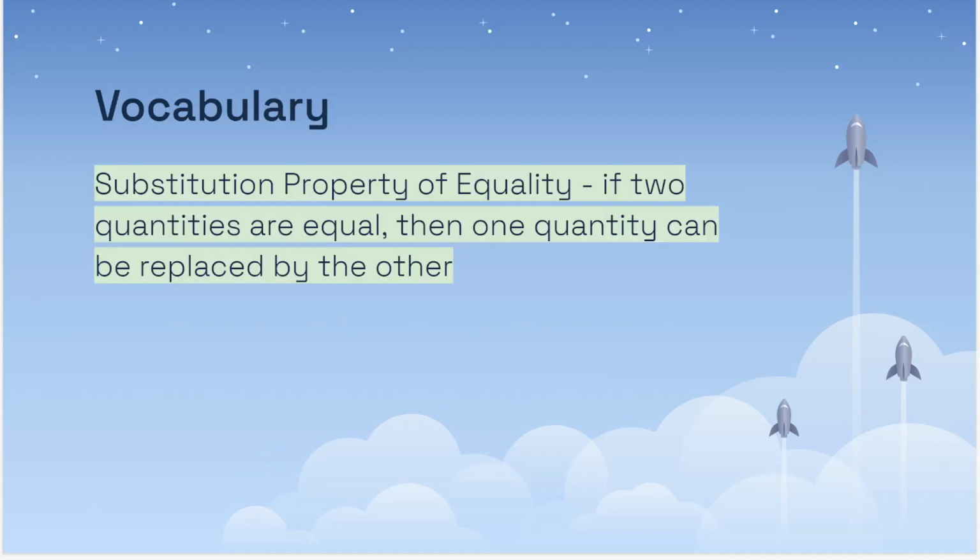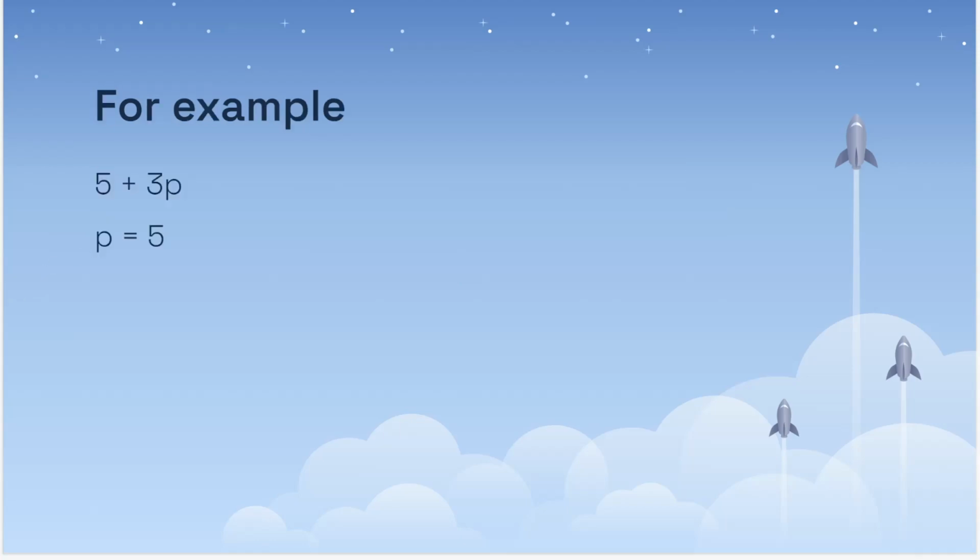Moving on, our next vocabulary word, substitution property of equality. If 2 quantities are equal, then one quantity can be replaced by another. Well, this is our next step, right? So if Mr. Rosari scored 5 points more than the number of shots.